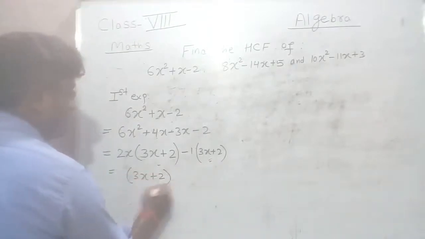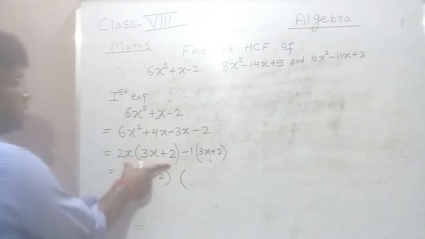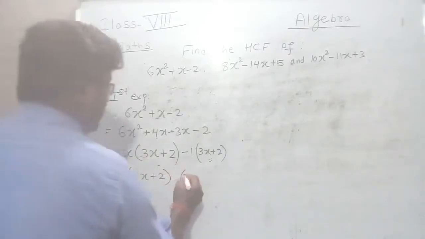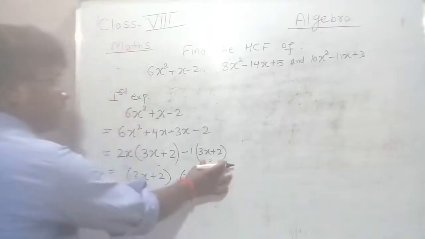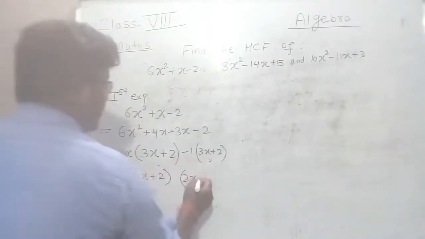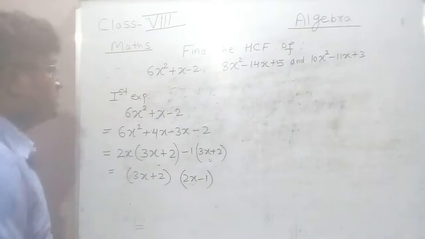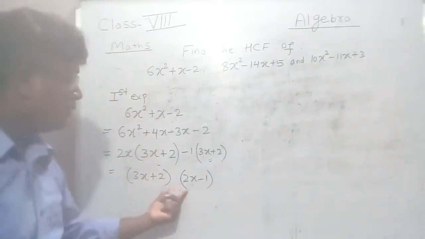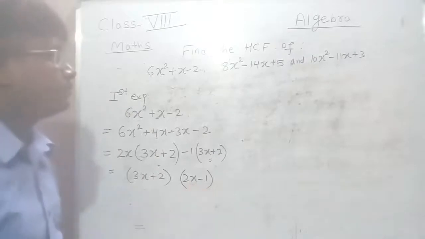From the first term, 3x plus 2 taken out leaves 2x, and from the second, leaves minus 1. So the factors of the first expression are 3x plus 2 and 2x minus 1.